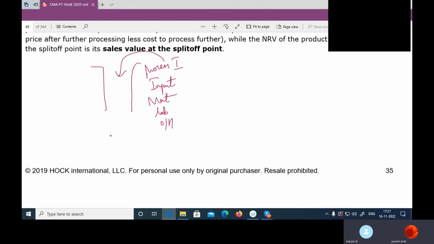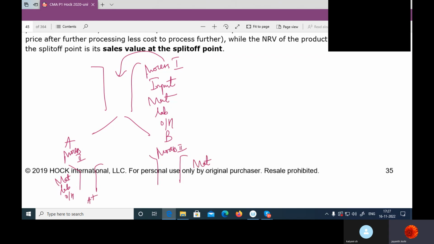So process 1, and again we got two products A and B, and then process 2 we did, and again process 3 we did. Again we took material, labor and overheads to make A plus. Here also we took material, labor and overheads to make B plus.